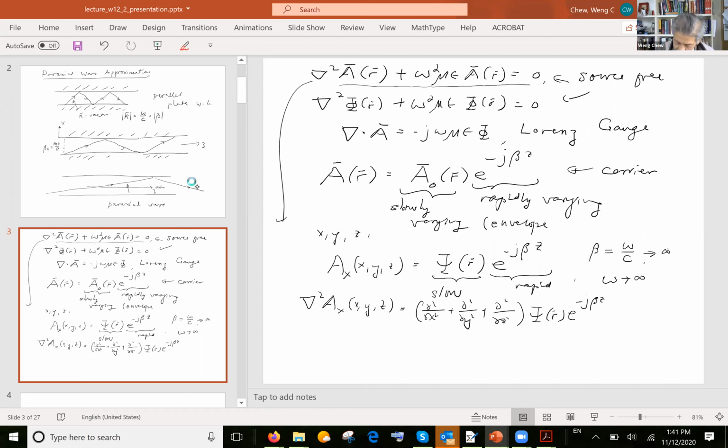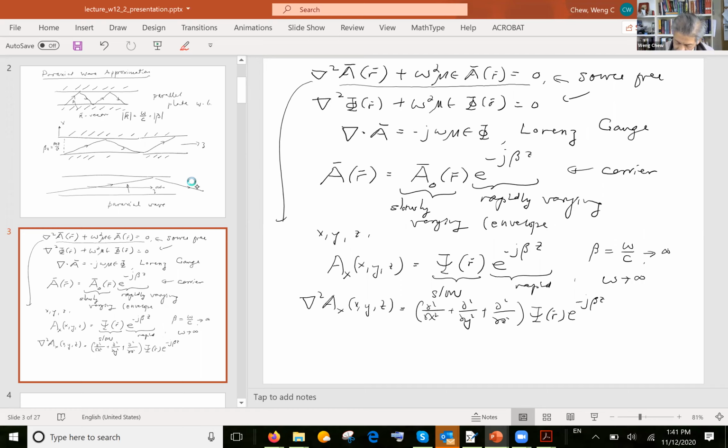If I plug this into the first term over here, I will have this over here. Let me pay special attention to this partial squared, partial z squared, because one term is slowly varying and the other term is rapidly varying. You are not sharing screen.